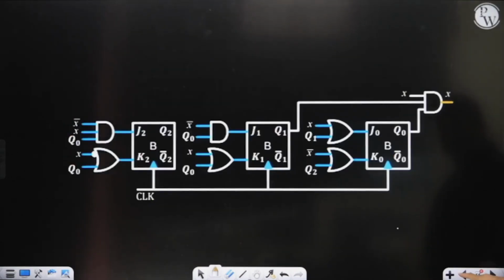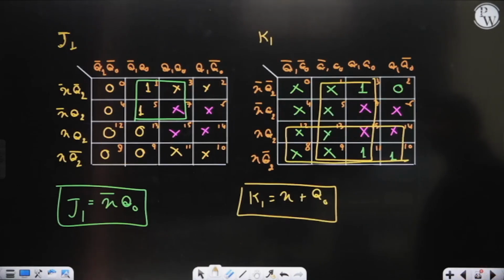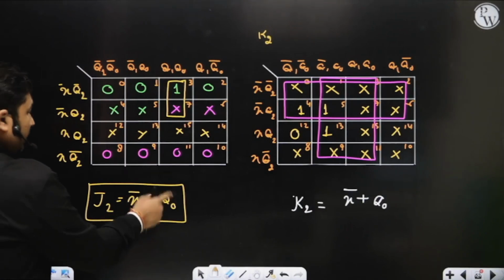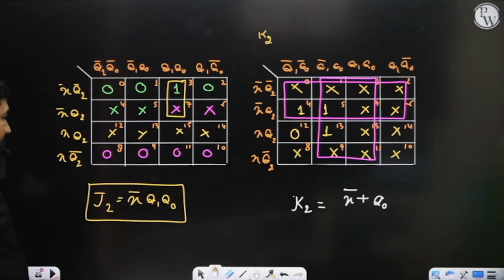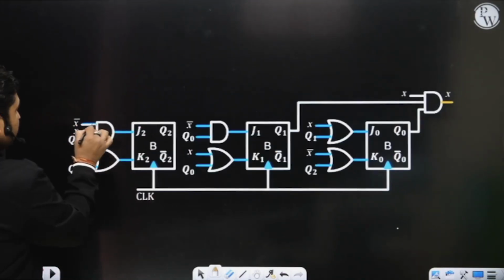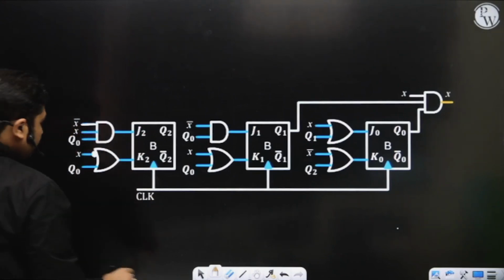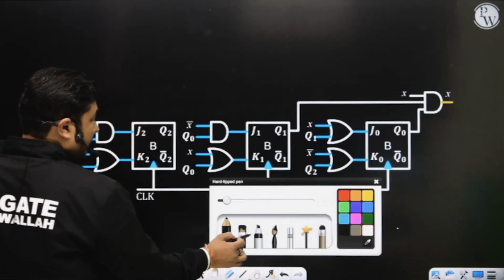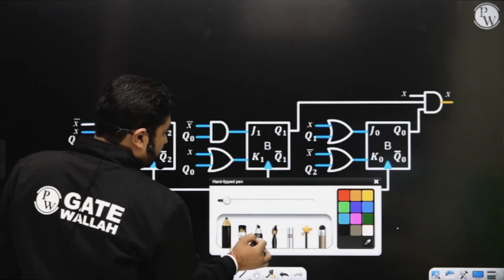We have J2. What is the value of J2? Please observe here. J2 is X bar Q1 Q0. So I have connected X bar Q1 Q0. Is it okay? J2 is equal to X bar Q1 Q0.